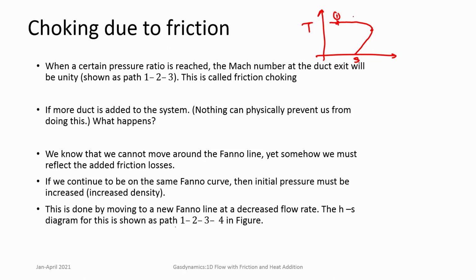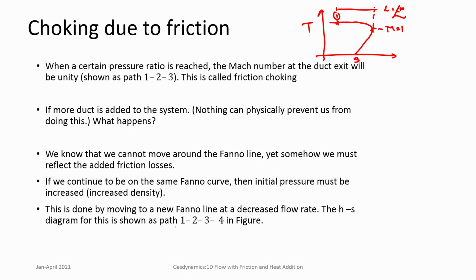So, this is flow inside a duct, and let me take that L corresponds to L star, which is the maximum length, where at the end of the duct Mach number equals 1. Mach number is 1 at the end of the duct. Now, this is L star, which corresponds to the maximum entropy point.